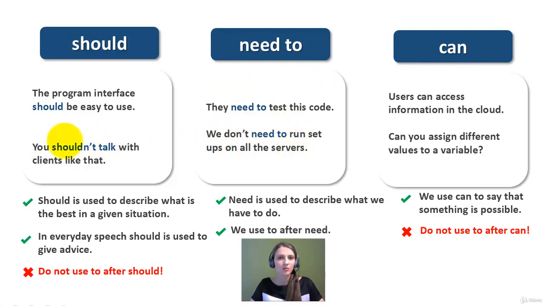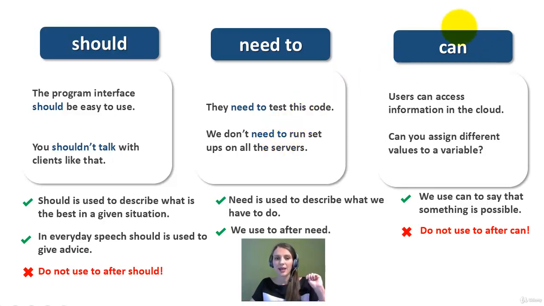With shouldn't, as I said before, no additional words and no to. So need actually acts like a normal verb in a sentence, like go, like play, like work. I need to do something. I do not need to do something. So we use additional words like don't or do in questions, and we use to after the verb need.